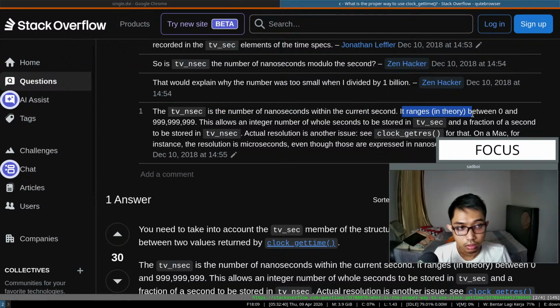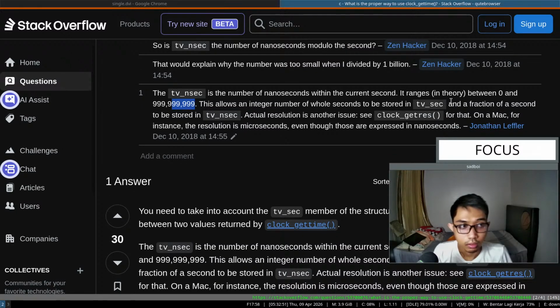It ranges in theory... in the fraction of second of the store.